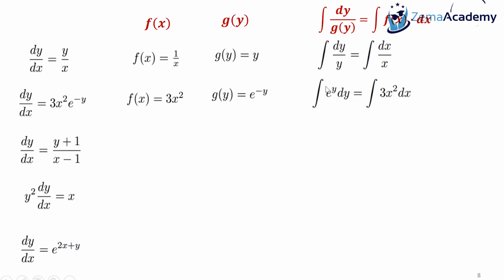So I have just brought it up in the numerator and made the power positive. And on the other side, I need to place f(x) times dx. My f(x) is 3x square, so my integral becomes 3x square dx. I hope this is clear.